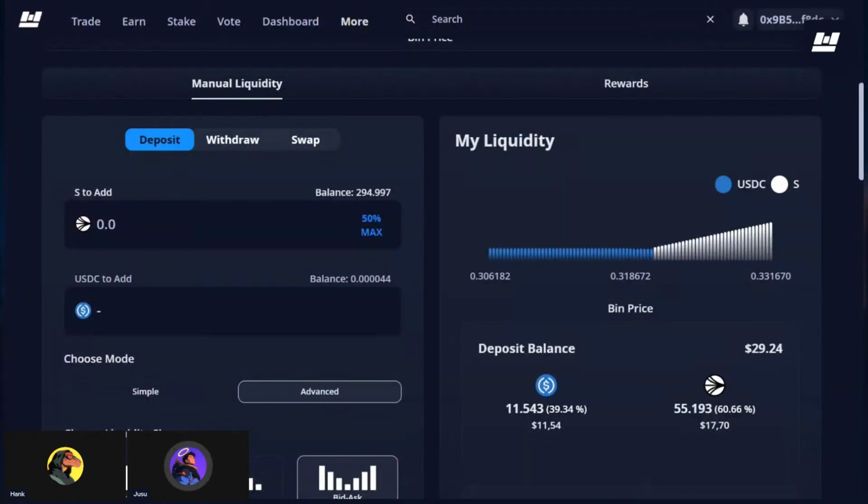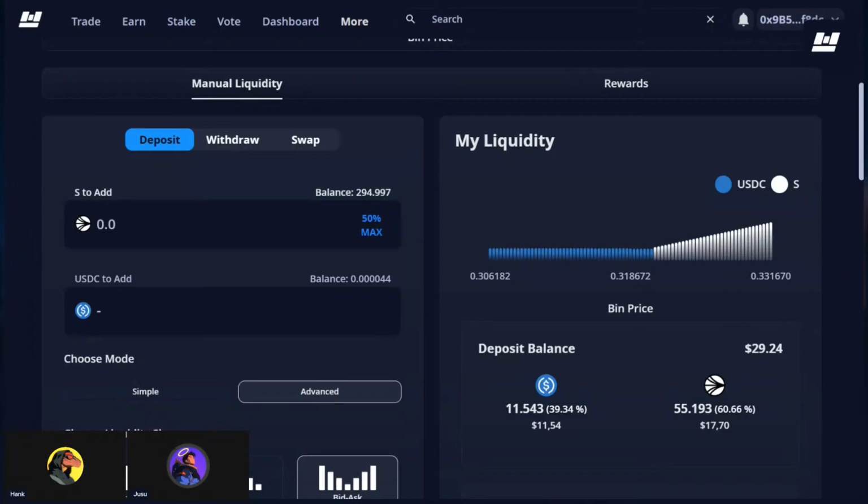Well, maybe the difference between operators and manual liquidity, because since each bin is its own NFT, you will pay the gas fees when you provide liquidity.